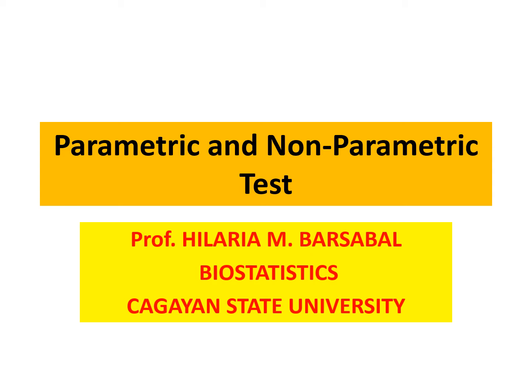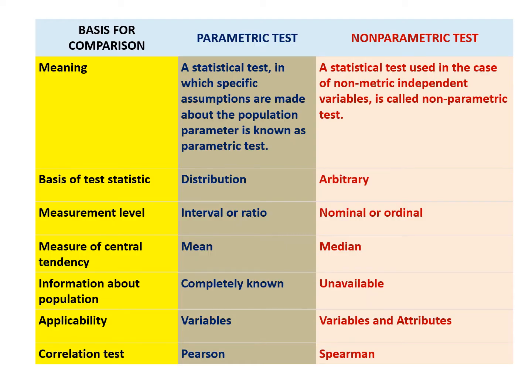So let's do a comparison between parametric and non-parametric test statistics. For comparison, a parametric test is a statistical test in which specific assumptions are made about the population parameter.